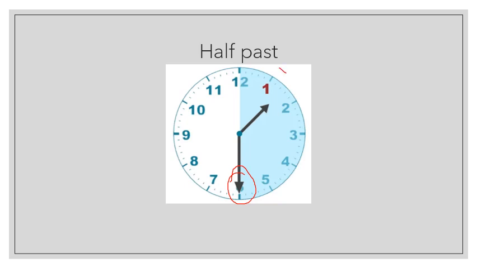Okay, so daripada tadi dia move from number 3 to number 6. Kan? Okay, so just like quarter past, in half past kita pun akan sebut perkataan half past dulu, followed by the number on the short hand.